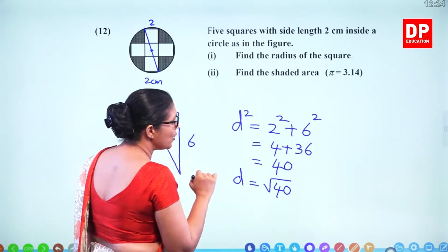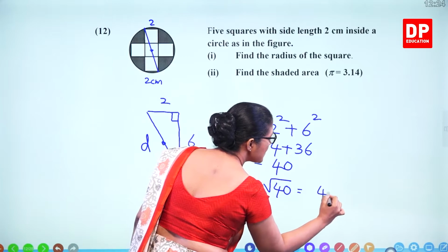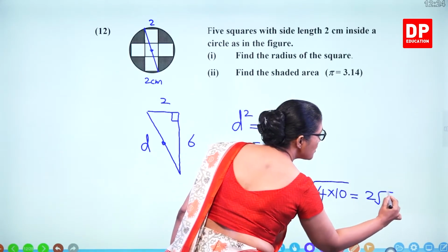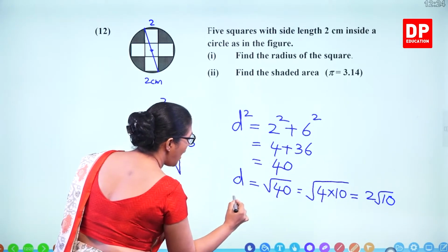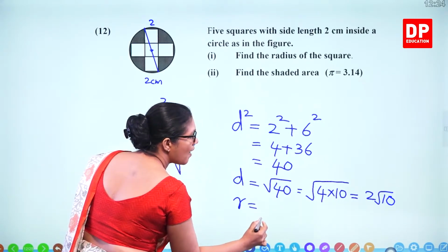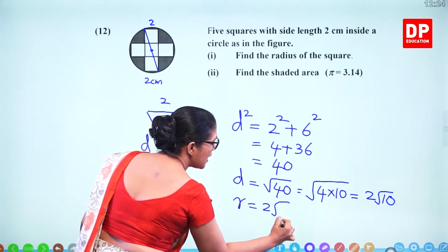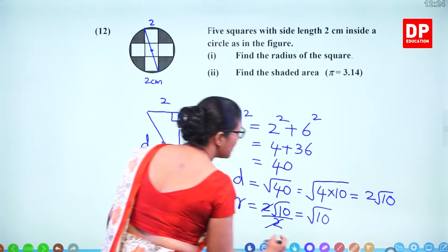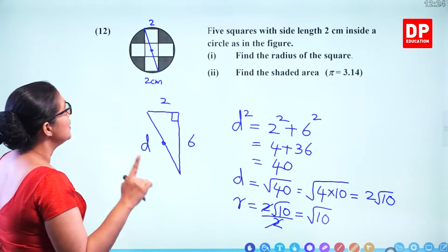So 40, how can you write it? 4 times 10. And when you take the square root, you get 2 root 10. Now when you divide by 2, you get r. So 2 root 10 divided by 2, you get root 10. So you have the r value.